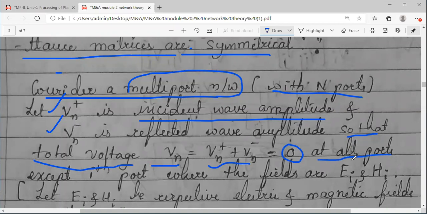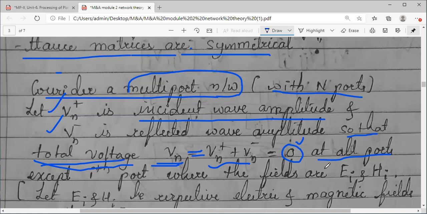will be equal to 0 at all the ports except 2 ports. Minimum for any analysis we require 2 ports, right? So Vn plus indicates the incident wave, Vn minus indicates the reflected wave, and the total voltage Vn is equal to 0 at all the other ports.